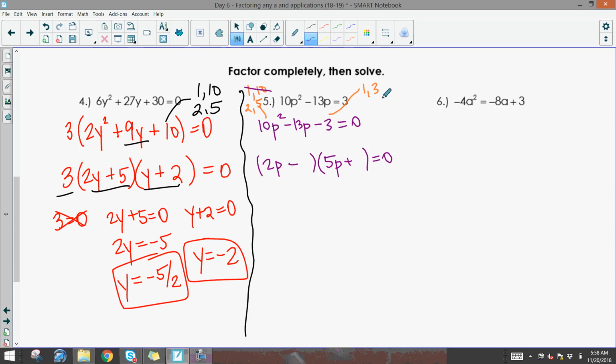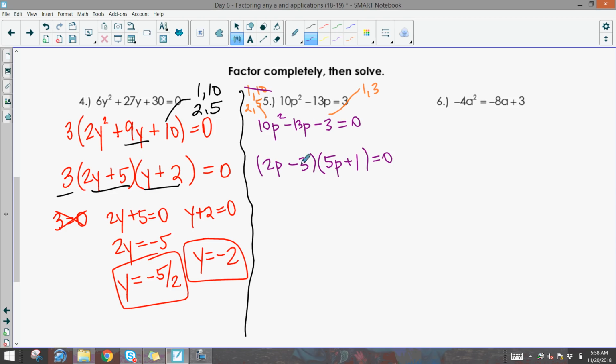Okay, so obviously one of these is going to get multiplied by 3. I'm trying to get to 13 or negative 13. If I multiply 3 by 5, I get 15. 15 and 2 can get me 13. So I'm going to put my 3 here and my 1 here. Because 2p times 5p is 10p squared. Then I get 2p minus 15p, which is negative 13p, which is good.